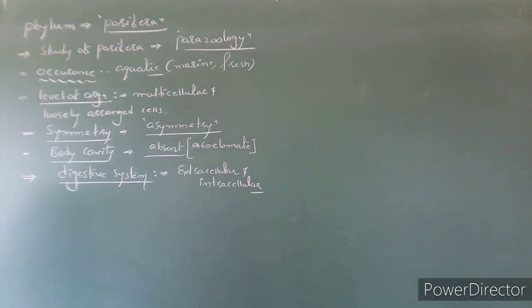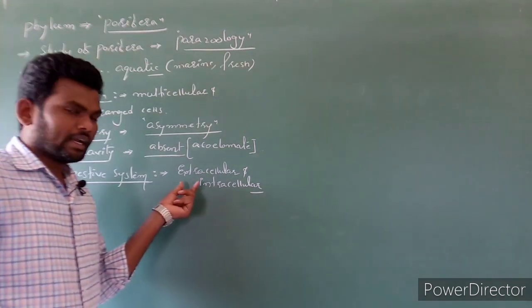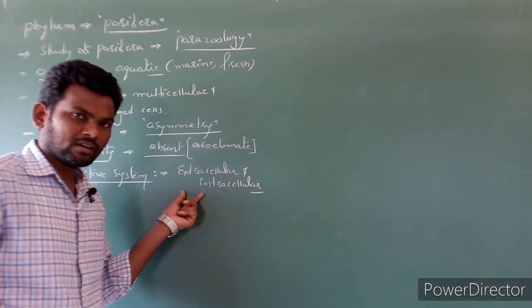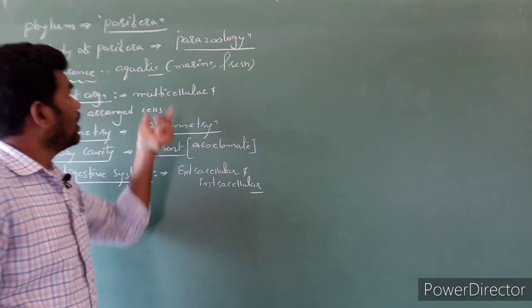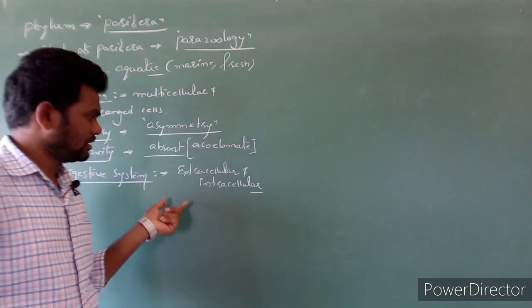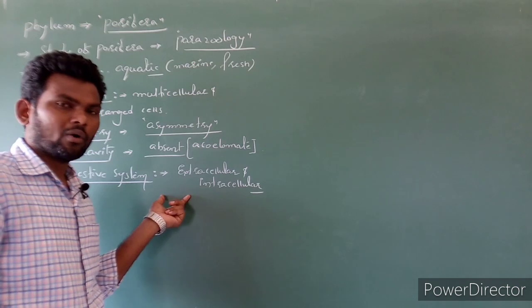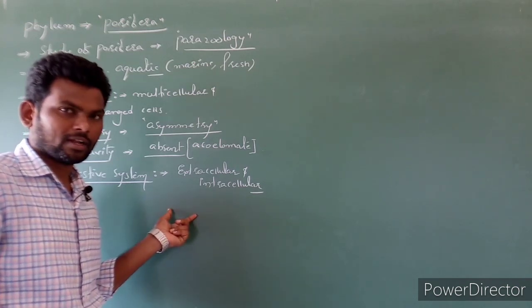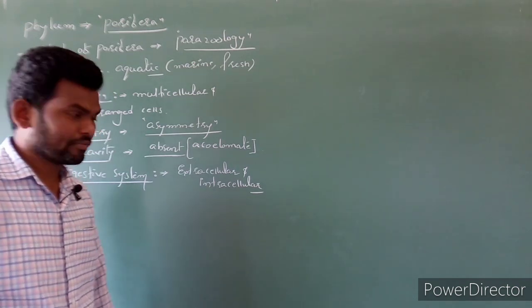So this is regarding the digestive system. Generally the digestive system is absent, but Porifera members show a water transport system, nothing but a canal system.